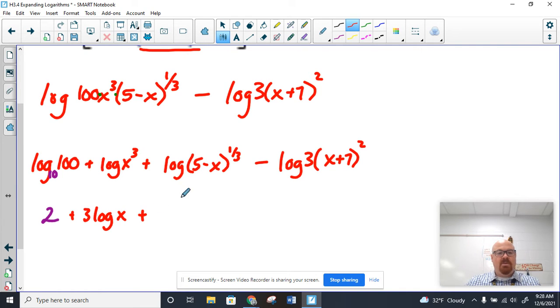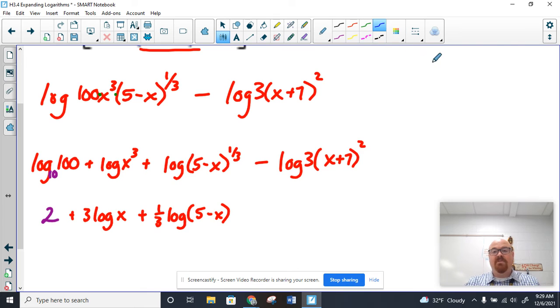Okay? Plus, we look inside this logarithm, and again, we have a power. So that 1/3 is going to come down in front of this log. Now, I mentioned this in class, I'm going to mention it again here. The parentheses here are very important. We have to keep the parentheses because this was being raised to the 1/3 power. 5 minus x is still inside that logarithm.